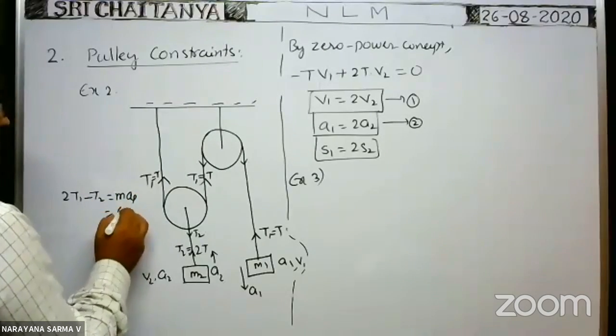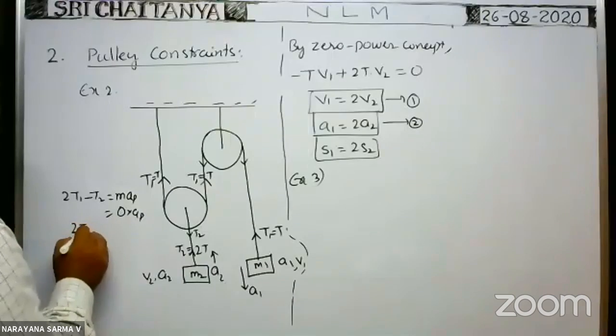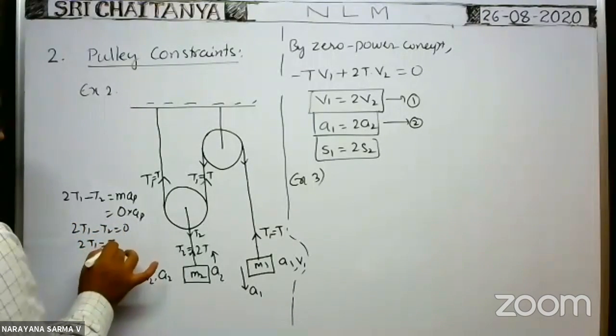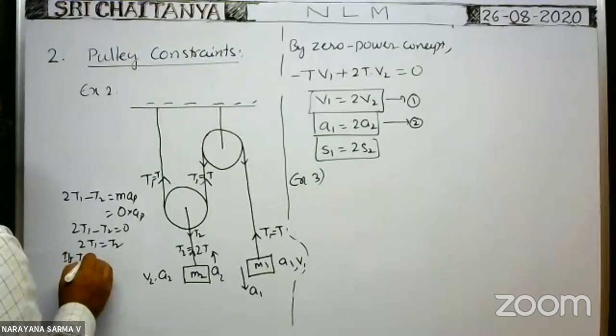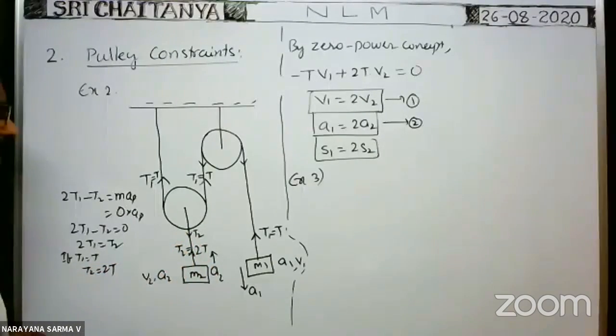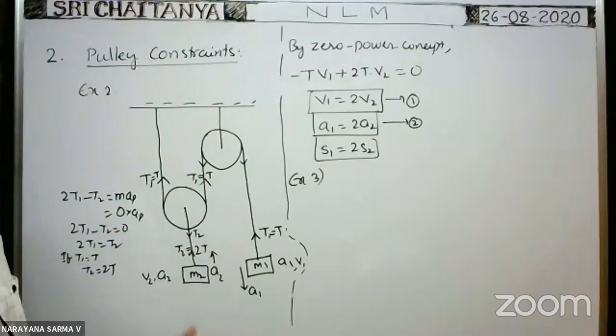But the mass of the pulley is 0, whatever the acceleration. Therefore, 2T1 minus T2 is equal to 0, or 2T1 is equal to T2. If T1 is equal to T, then T2 is equal to 2T. I use it directly. T1 ని direct గా T అని తీసుకున్నా అప్పటికి 2T వస్తుంది.